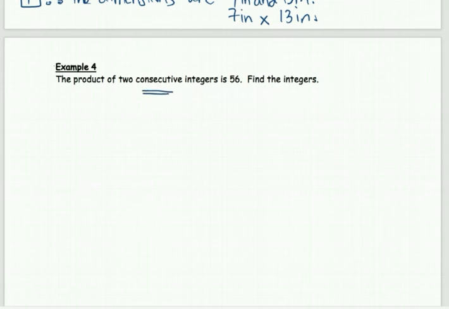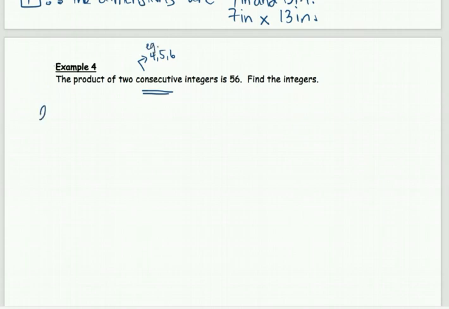Consecutive just means one after the other, okay? So if I had consecutive numbers, I could say 4, 5, 6. They're one after the other. So the product of 2 consecutive integers, so integers that are one after the other, is 56. Find those integers, okay? So let's do that now.